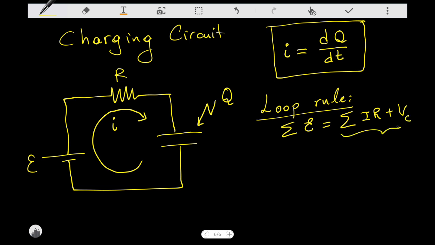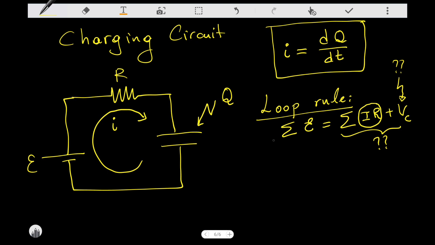Usually, I'm confused with these kinds of expressions. I know how to write down a potential drop on a resistor. That's given by Ohm's law. That's well known. But I cannot easily remember the potential drop on a capacitor. As a result, I always have a difficulty in writing this thing immediately.